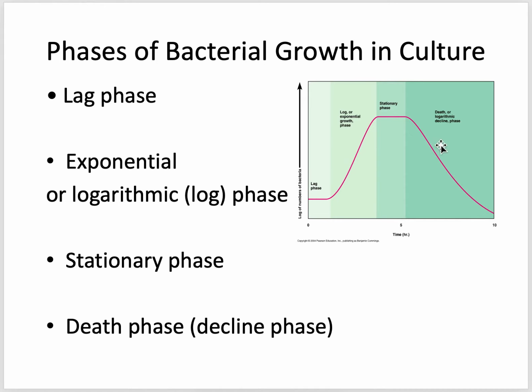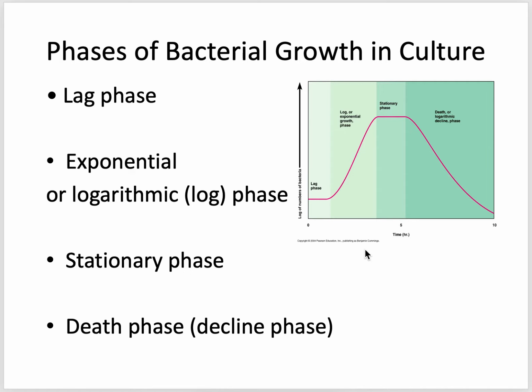Now the question is, why do bacteria follow these phases when they grow in culture? Now I will explain. If you want to culture bacteria, you have to add some inocula. That means you have to add some bacteria into the culture media.